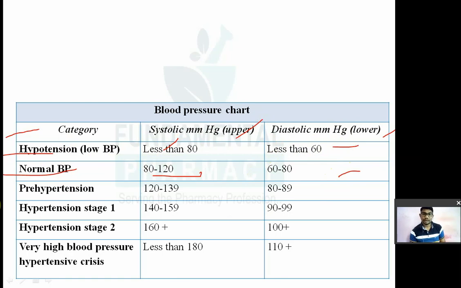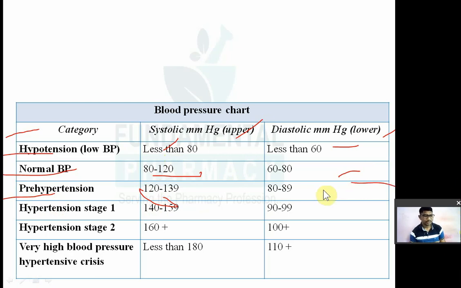Now pre-hypertension. Pre-hypertension means what? When the systolic blood pressure is around 120 to 139, or 120 to 140 you can say, and diastolic blood pressure is around 80 to 89, that is known as pre-hypertension.